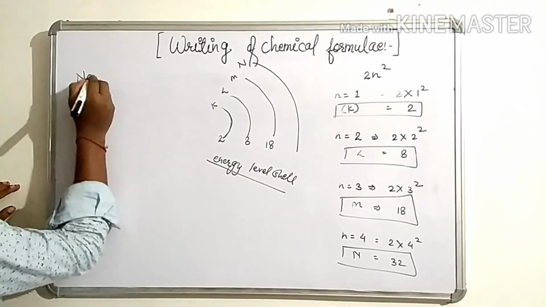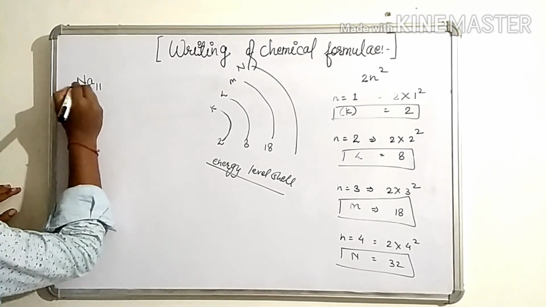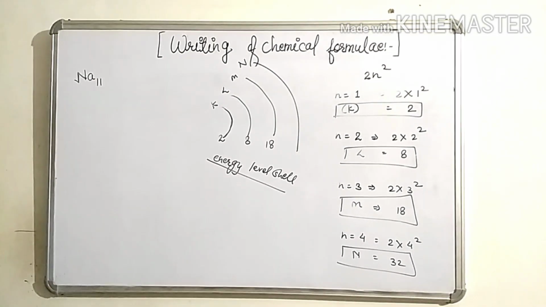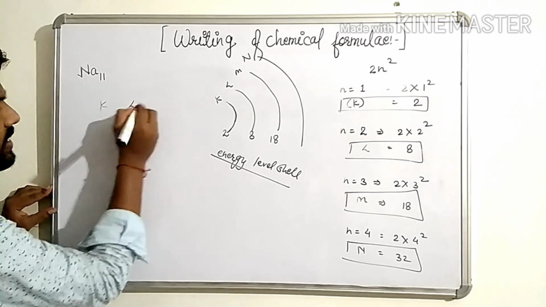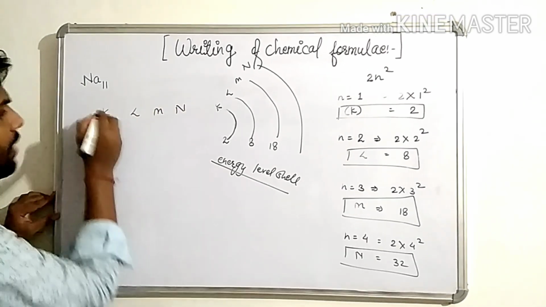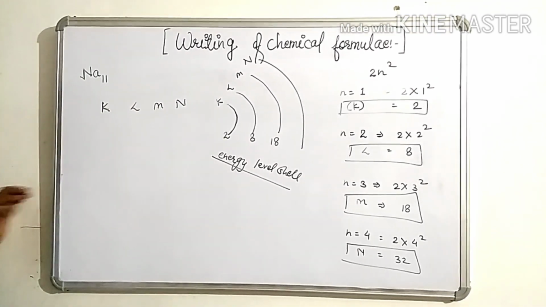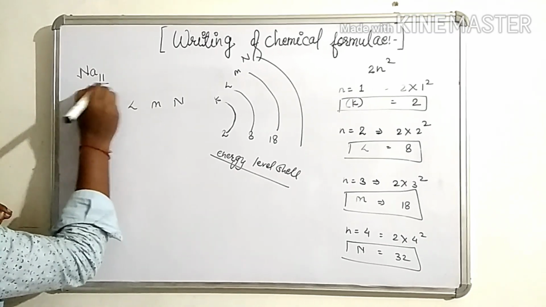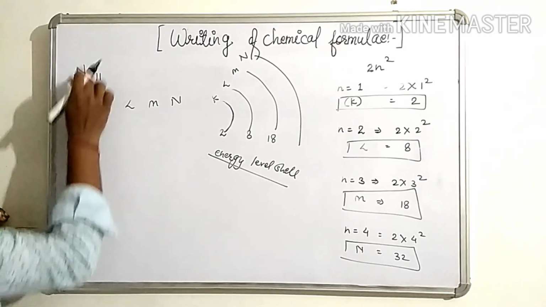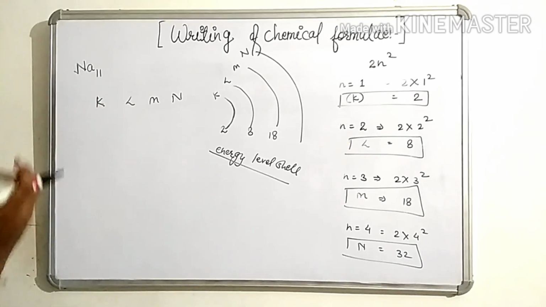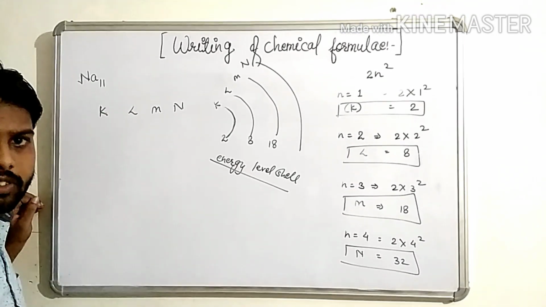Sodium, atomic number 11, children. Okay, now their shells K, L, M, N. Now there are 11 electrons in sodium. Students, atomic number also represents number of electrons.